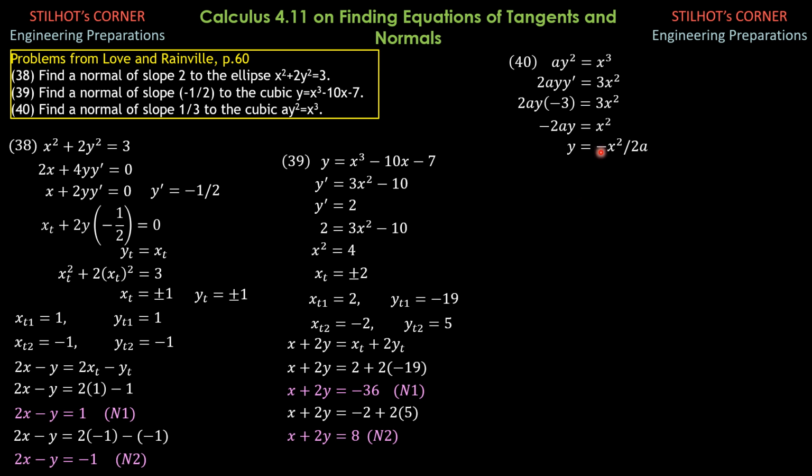We substitute the value of y into the original equation. So a times quantity negative x squared over 2a, squared, equals x cubed. So this becomes x to the fourth over 4a equals x cubed. Cancel out x. So one possible answer is 0. But when x is 0, y is 0 also.